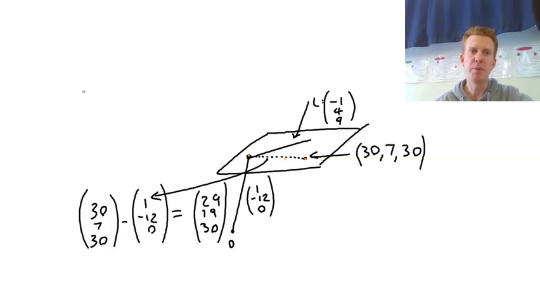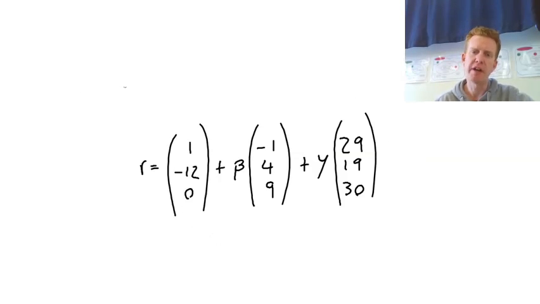Then I can finish by writing down the equation of that plane: (1, -12, 0) is a particular point on the plane, plus beta lots of (-1, 4, 9), that's one of the directions within the plane, and (29, 19, 30), that's the second one that I've just calculated.